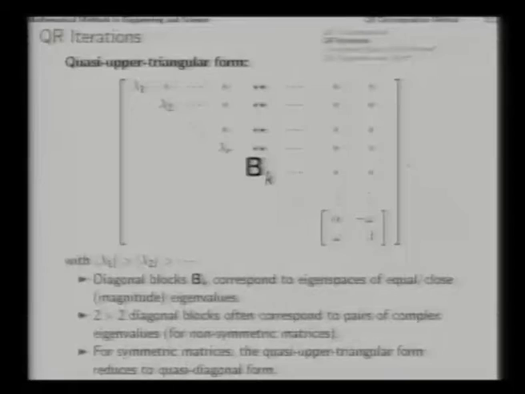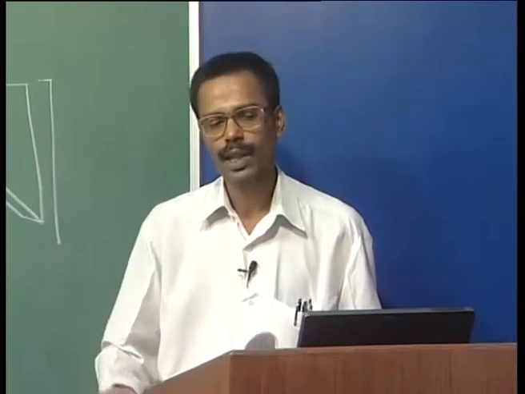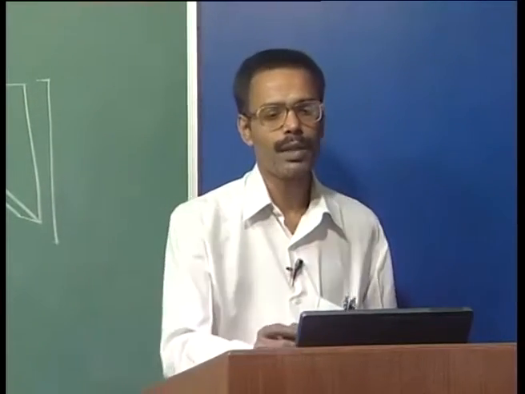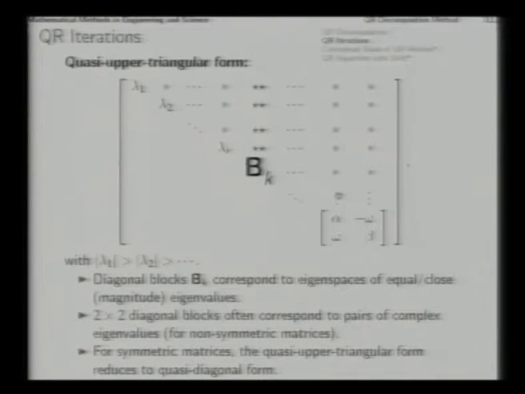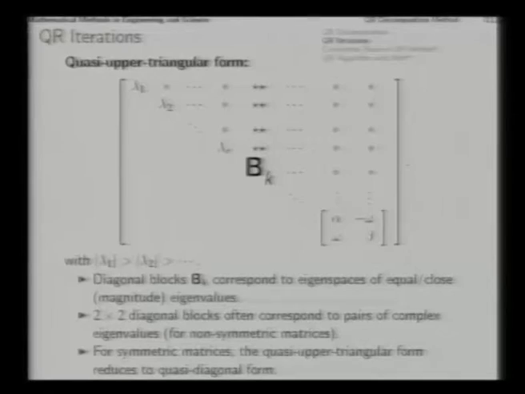For such cases, these blocks may remain and do not break further, because for breaking further, complex arithmetic needs to come into play to get complex values here. As long as we operate with real arithmetic, these 2 by 2 blocks will remain for non-symmetric matrices if there are complex pairs of eigenvalues. In particular, for symmetric matrices, a quasi upper triangular form actually means a quasi diagonal form, because for a symmetric matrix we have seen that symmetry is preserved.